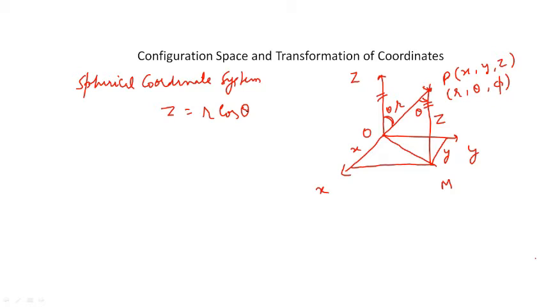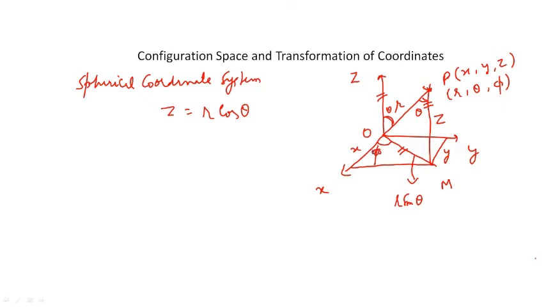Now you know already that your OM is equal to r sin theta. I have already discussed it. Now let us say that OM is making an angle of phi with the x-axis.